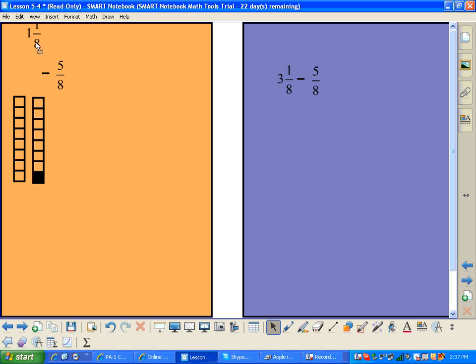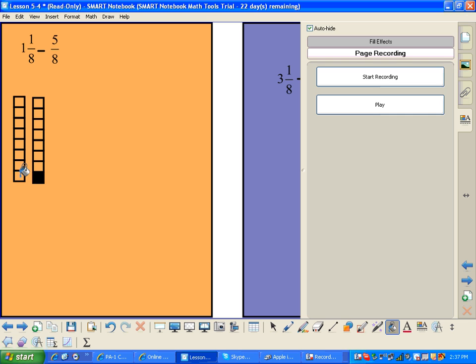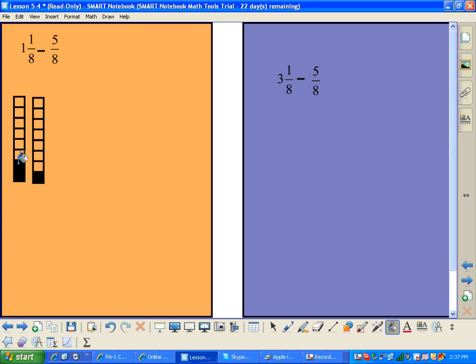So what did we do? We took our 1 and 1/8 and we exchanged it. Let me fill in the whole so that you can see. You see here? We have all of these eighths. That's what is shaded in.